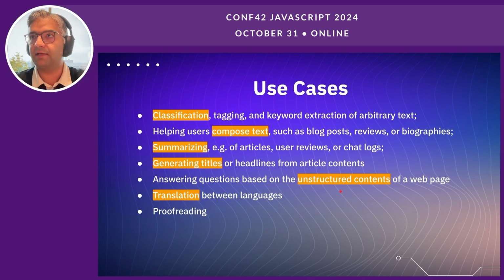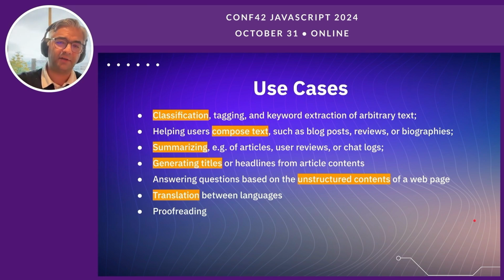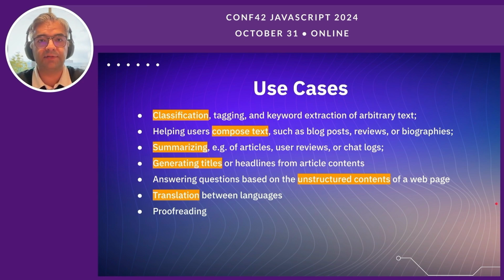It's most of the time not tangible to our eyes, but to an LLM, it is. Also, translation between languages is one of those APIs that is coming. So a lot of features are coming, a lot of use cases for this API. It's us who should think about it and start innovating. If we know that this API exists, we can adapt ourselves to the newest changes.